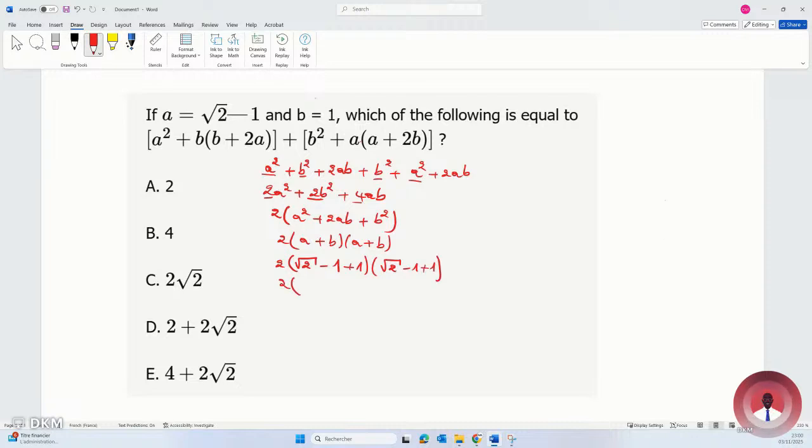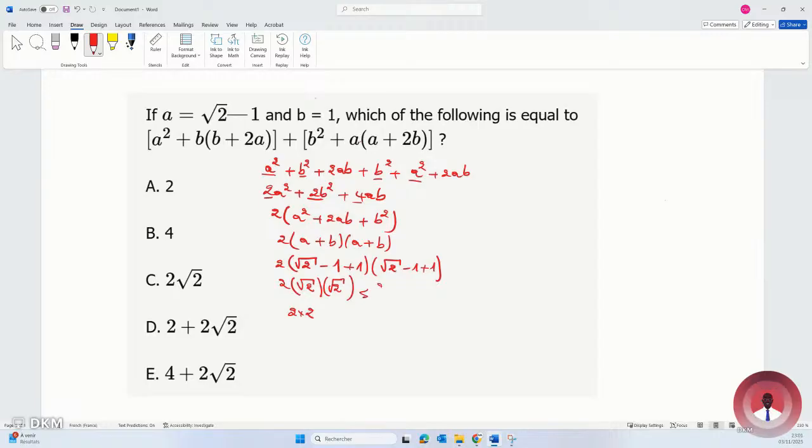So we will have square root of 2, because minus 1 plus 1 is 0. And then the same thing here, square root of 2 minus 1 plus 1 is 0. So this will be 2 multiplied by square root of 2 multiplied by square root of 2, which is equal to 2.